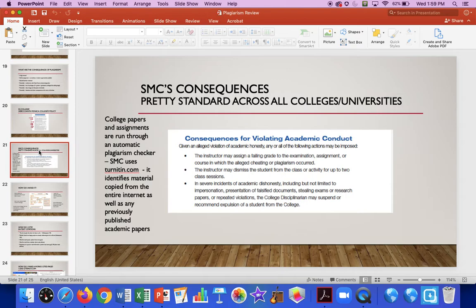As a professor, if I see a percentage of 10% or below, I'm not too worried, right? I'll look at the report and I'll see what it says, but it usually just means that people used some quotes, or maybe there's a word here or there. It's not much. Anything above that, though, I look at the report and I see exactly what's going on, and it can be problematic.